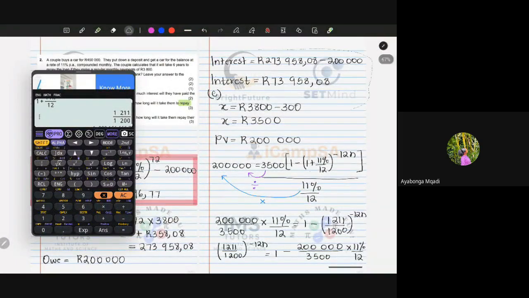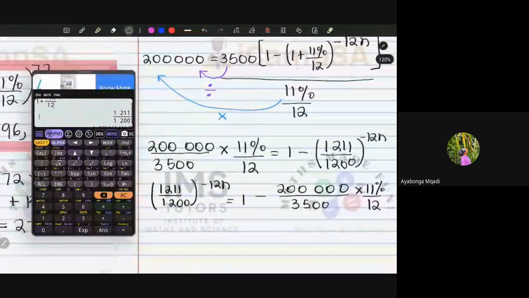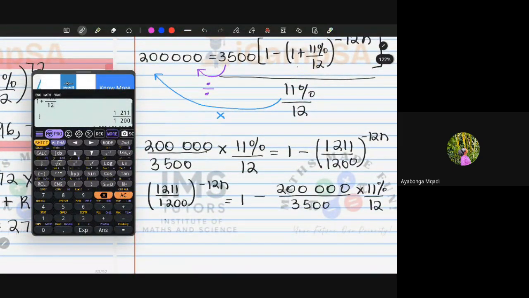So can you guys give me the right hand side? What is it going to be? Anyone who's using their calculator, what is the right hand side going to be?